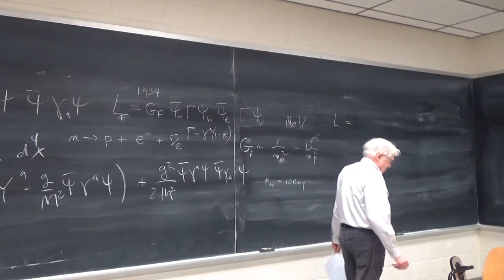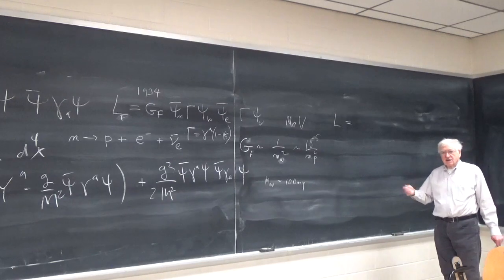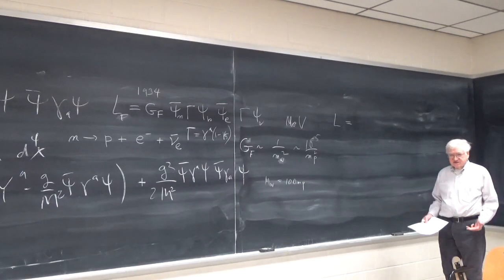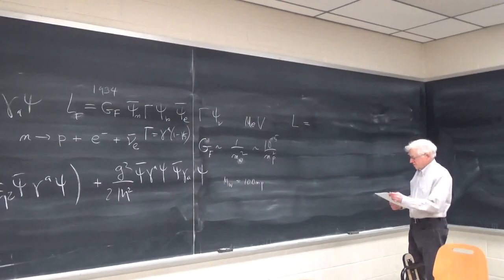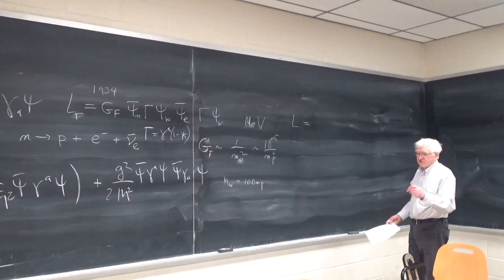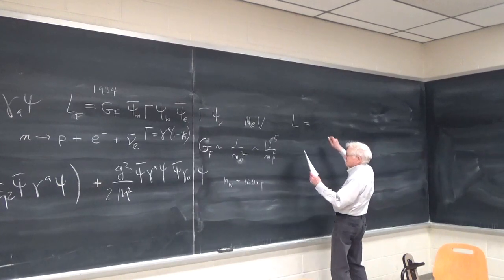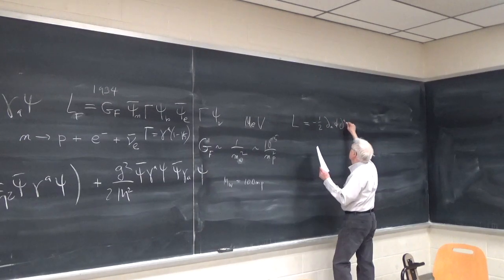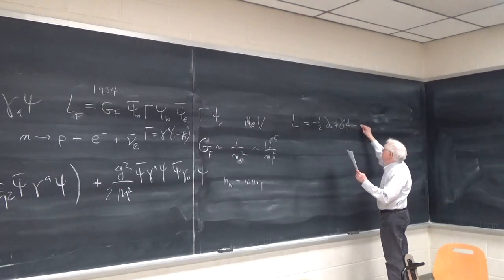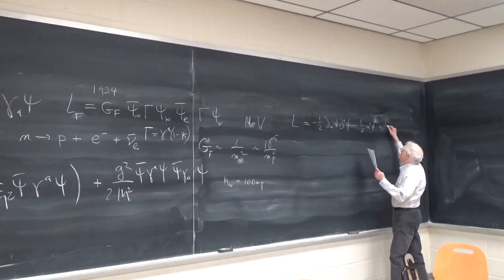I'm going to go through that material somewhat more slowly now, and this is then the idea of spontaneous symmetry breaking, Goldstone's theorem, and then the model of Weinberg, Glashow, Salam, and Ward. So this is minus a half (dφ)squared minus a half m squared phi squared minus lambda over 4 phi to the 4th.